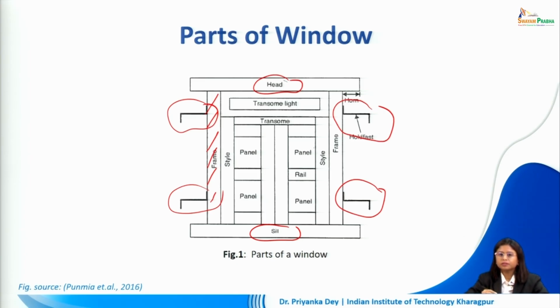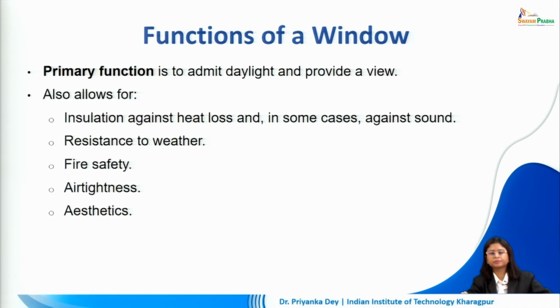Within this framework, the shutter has vertical members called stiles, horizontal members called rails. So the rail can be top, bottom or intermediate rail depending upon its position, and within this are included panels if we are having a panelled window.